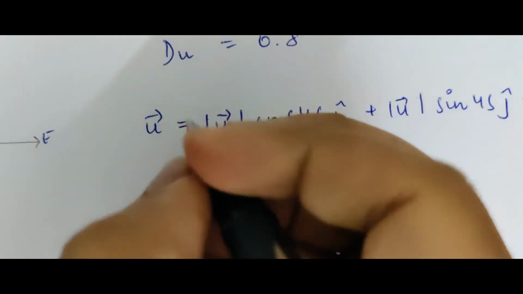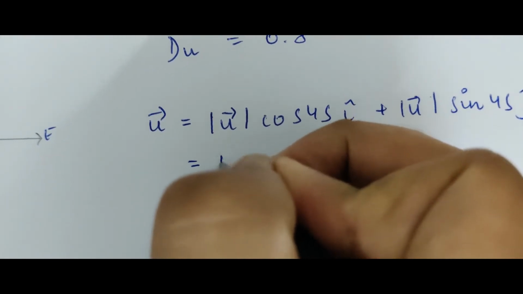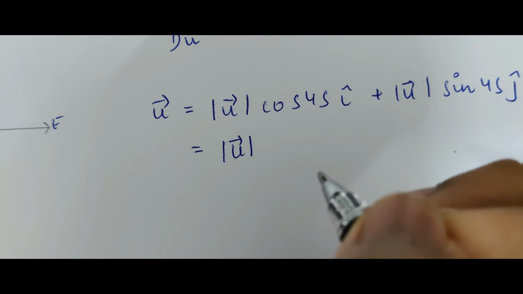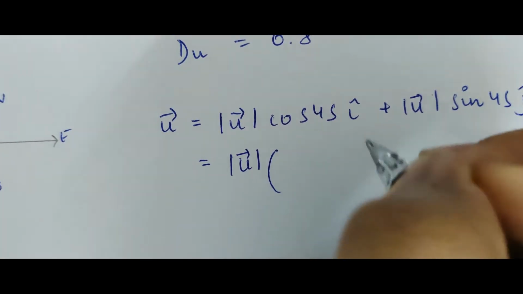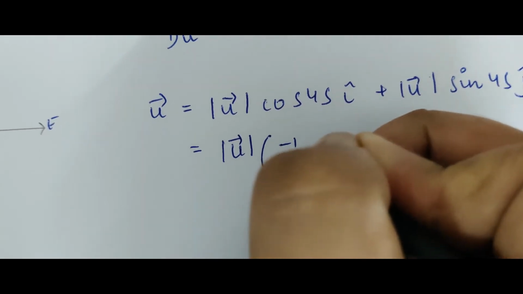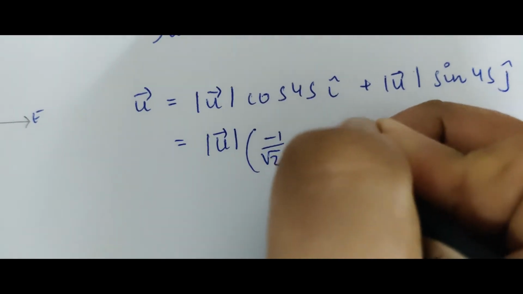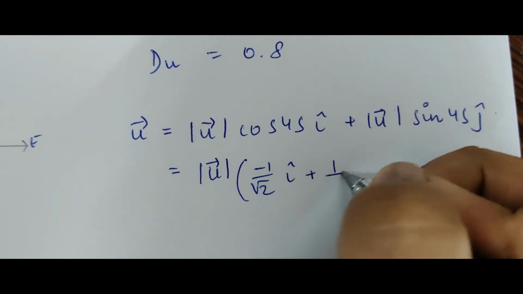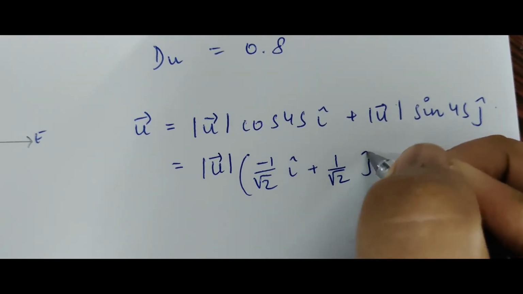Taking the magnitude as a common factor, and substituting cos 45, this is negative 1 by root 2 i cap plus 1 by root 2 j cap.